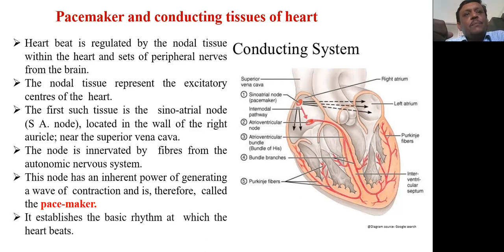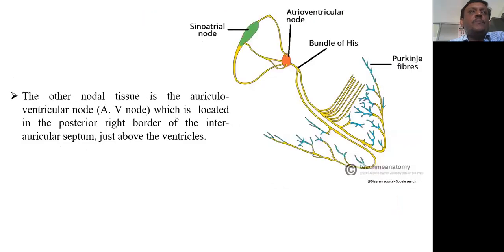This SA node establishes the basic rhythm at which the heart beats. So we know that our heart beats 72 to 75 times per minute. So this basic rhythm, this pace, this speed of beating of heart is regulated by this particular node, that is SA node. Hence it is called as pacemaker.